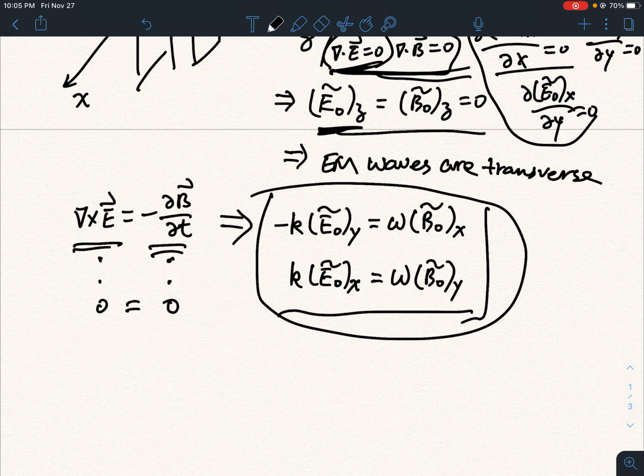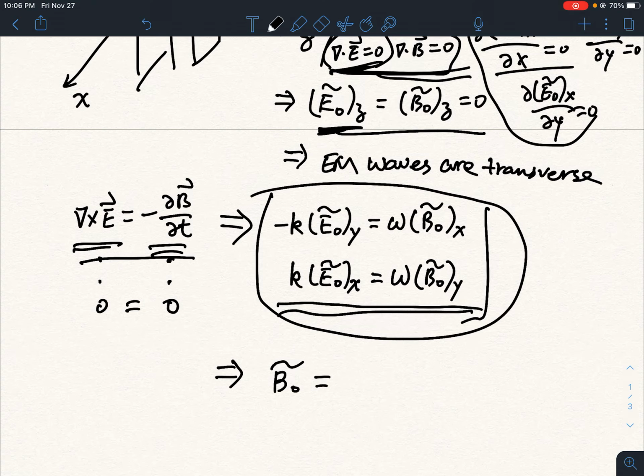So in this case, the other two equations are really equivalent to each other. At the end, we just derive this relation between the xy components of the electric field and the magnetic field. And these two equations can be written in a vector format.